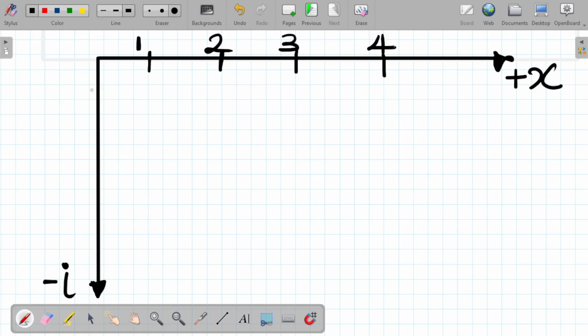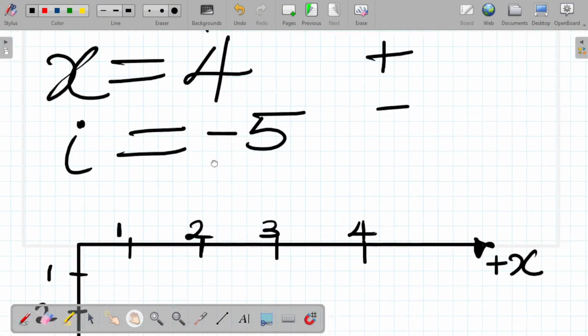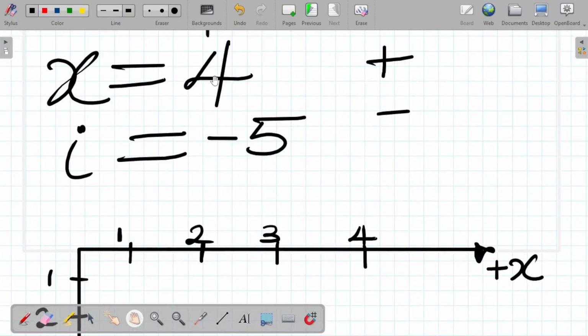And then for I, we have 1, 2, 3, 4, and then 5. I is -5 and x is +4.